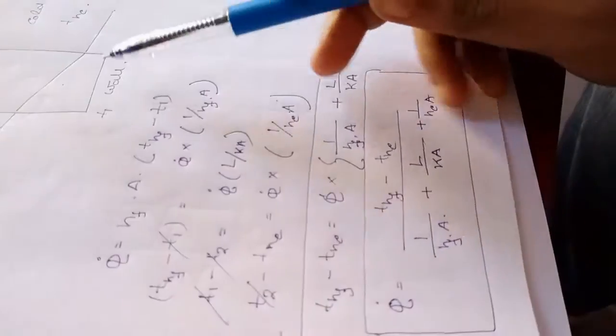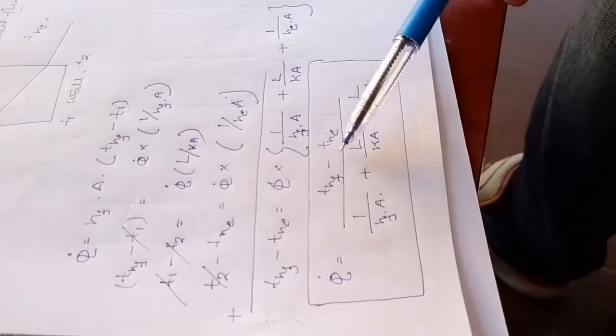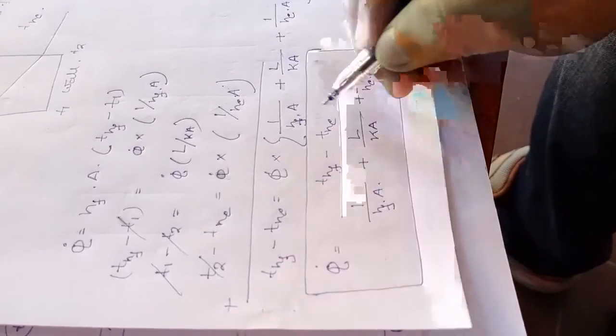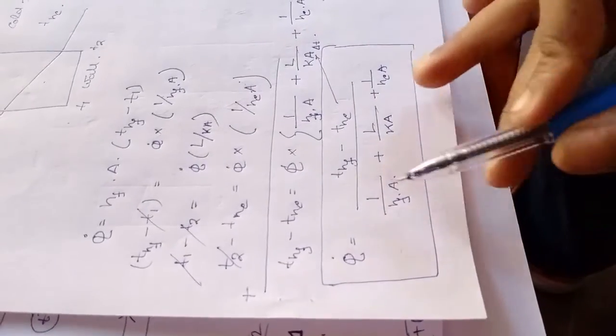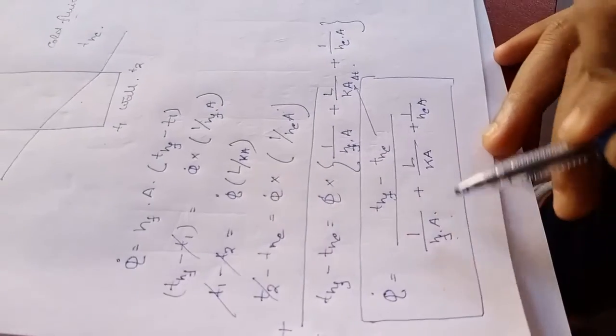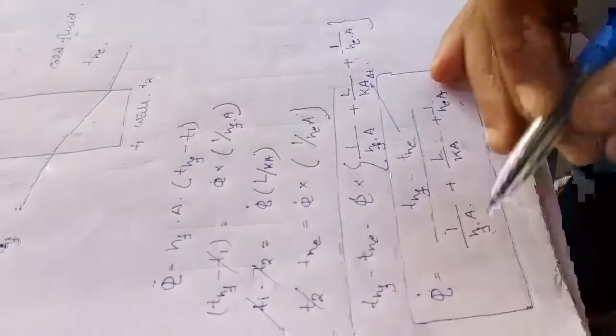Then we have seen the equation when heat flows from hot fluid to cold fluid. Q is equal to THF minus THC, that is del T, divided by 1 by HF into A plus L by KA plus 1 by HC into A.